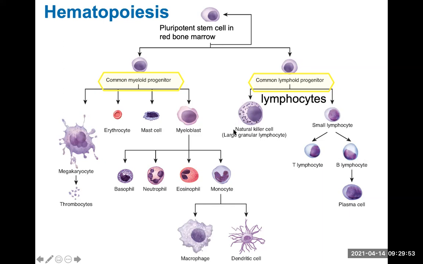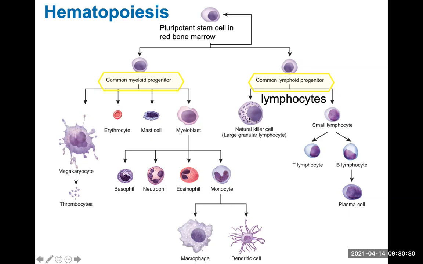But also, and this is where it can get confusing, the natural killer cell is also made from this lymphoid progenitor, but the natural killer cell would not be considered a lymphocyte. So these T and B cells are what we call agranular. And the natural killer cell, as you see depicted in this image, has large granules.